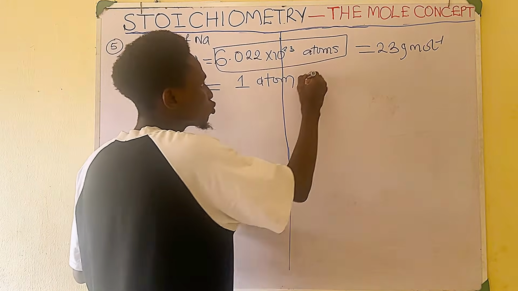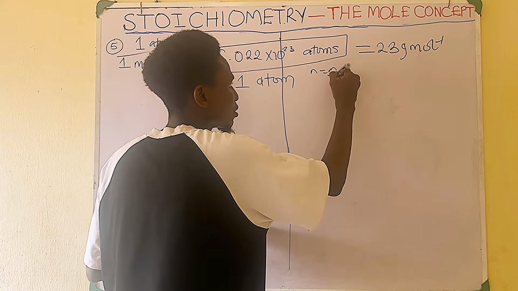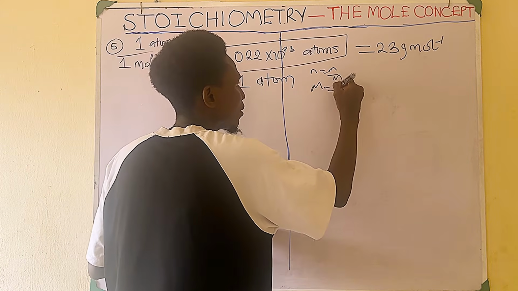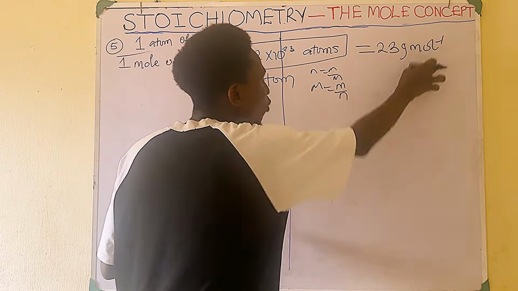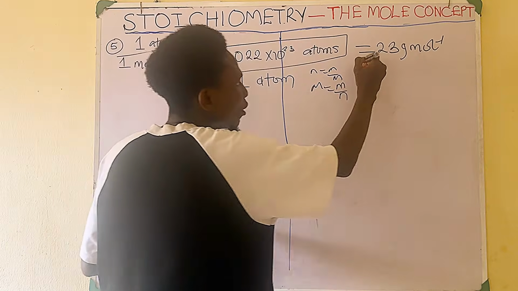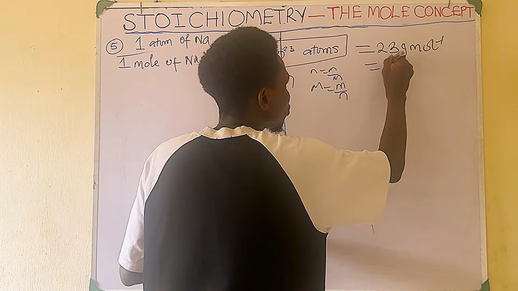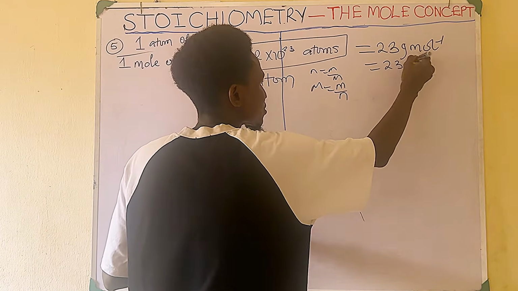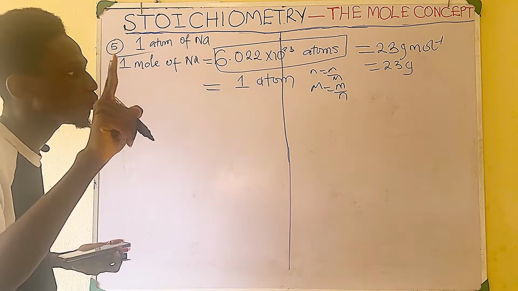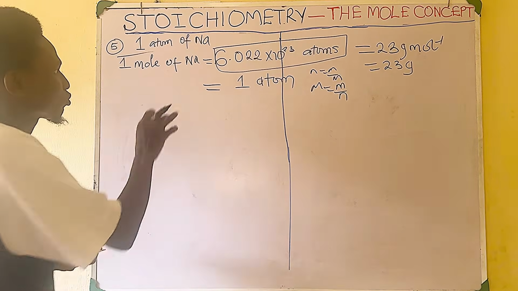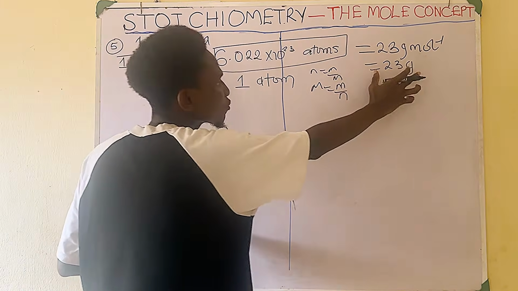Remember we have n equals mass over molar mass, so molar mass equals mass over number of moles. So I can simply say that the mass of sodium is 23 grams in 1 mole of sodium atoms.